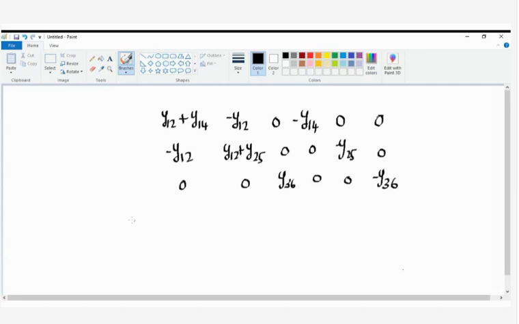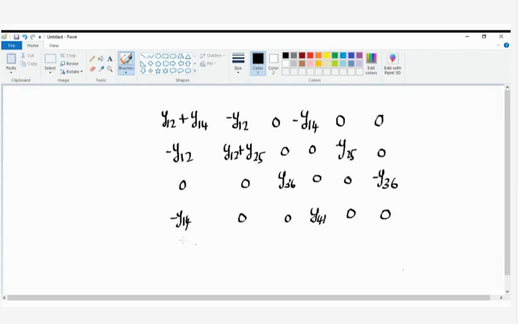Right? Y41 and Y14 are the same because transmission lines, if we are considering the pi model, will be symmetric in nature. Unless, again, there are conditions. We will look at those conditions later, right?